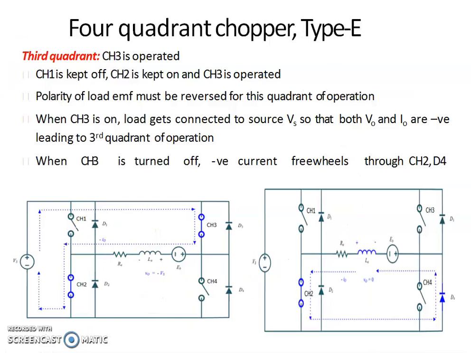Now let us consider the third quadrant operation. In order to obtain third quadrant operation, we are operating the switch CH3. First assume that CH3 is in on condition. When CH3 is on, the current flows through CH3, through the load and through CH2 and back to the source.